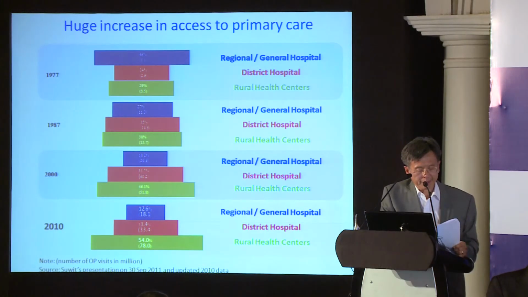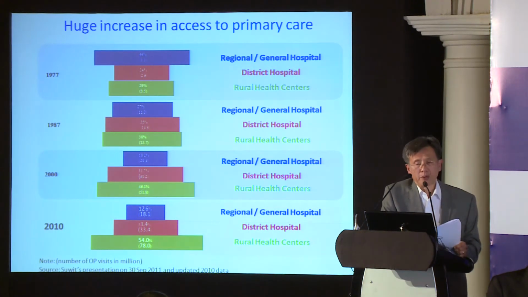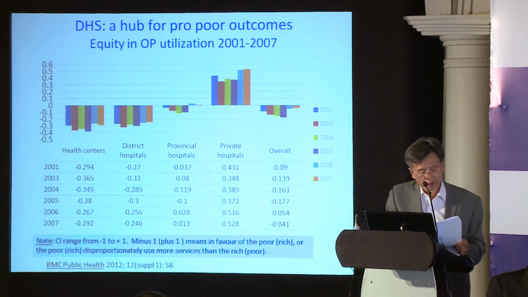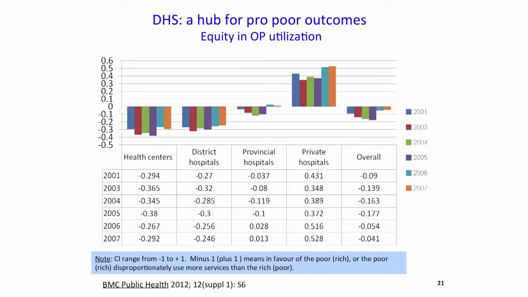The UCS contracts the district health system as a major contractor provider network, also as a primary care fund holder for outpatient services. The DHS, namely health centers and district hospitals, as close-to-client services, is the major hub in translating UC scheme policy into pro-poor utilization as measured by the concentration index.